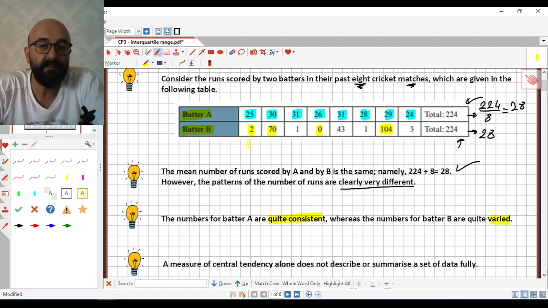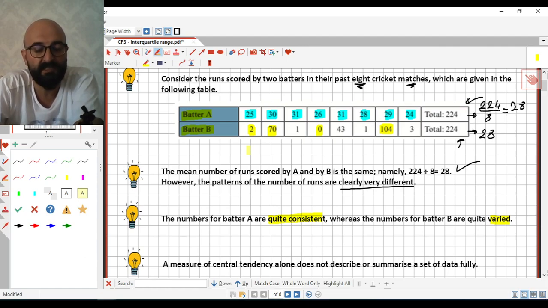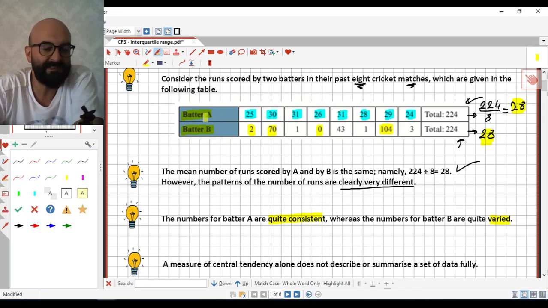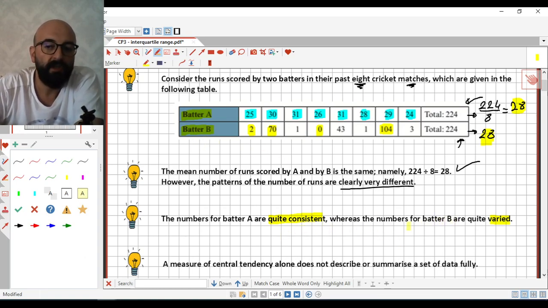If you look at only the average, the situation would be a bit misleading, because their averages are the same, but batter A is more consistent than batter B, because batter B is quite varied.